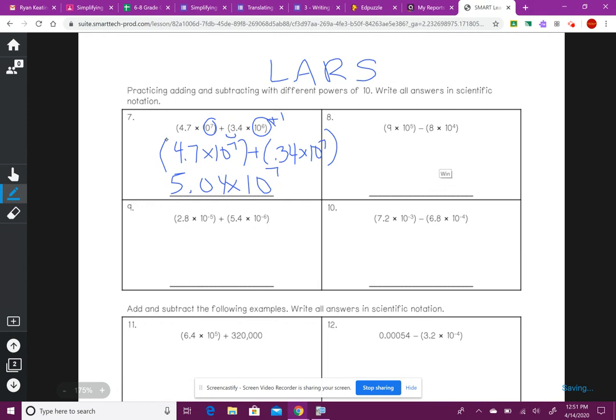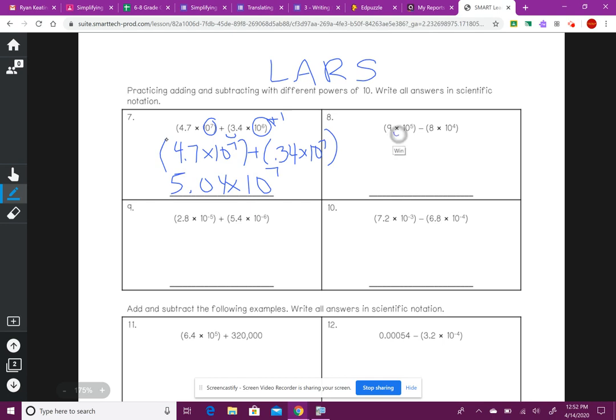So let's suppose for number 8 here, I want to go with the lower exponent to go towards. Let's say I want them both to be 10 to the 4th power. That means if you want to subtract from your exponent, because we want to go down to 4, we need to move to the right. I have a decimal here right after that 9.